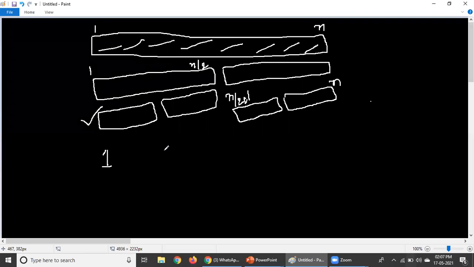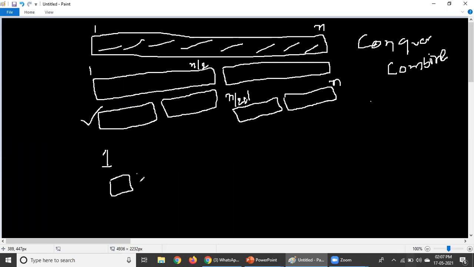Okay. So this is the basic idea of divide and conquer. The word conquer means combine. After getting a single element, you apply divide and conquer on each and every subproblem, and so on.